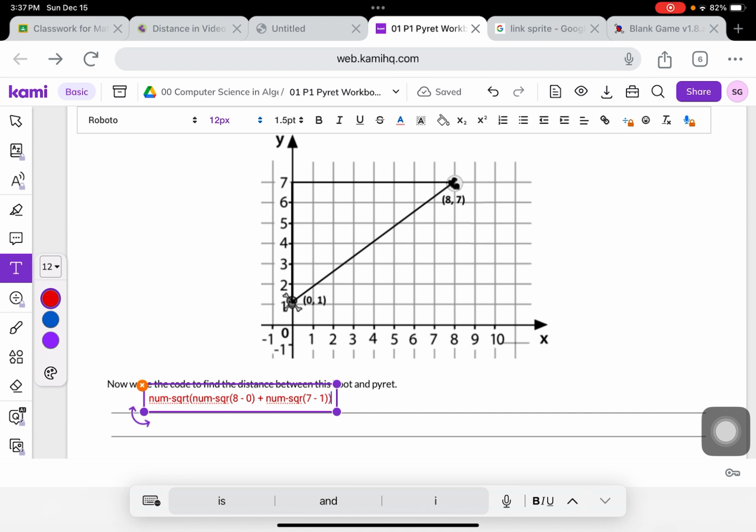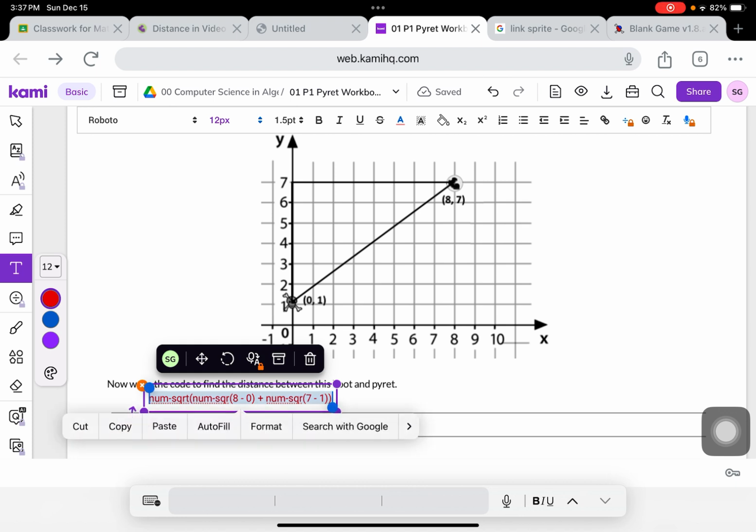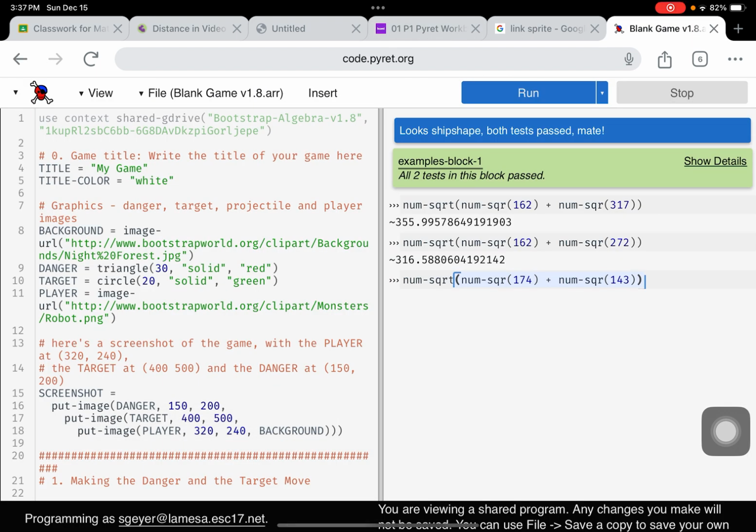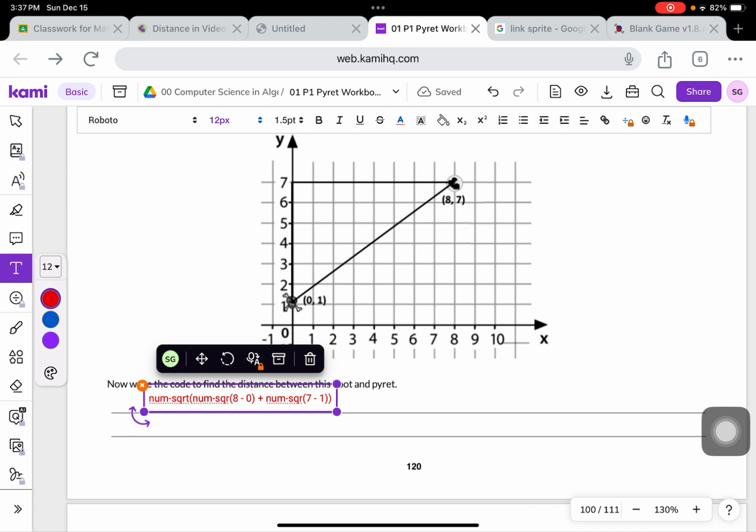Okay, and then let's copy that into Pyret and make sure it works. So we get 10.